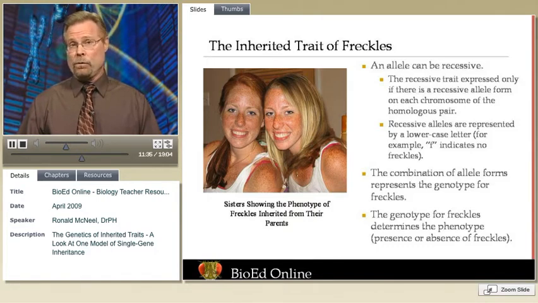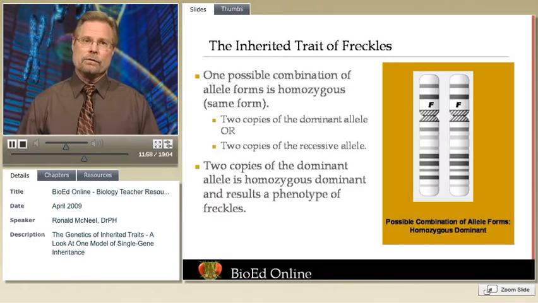In our example, a lowercase f will indicate an allele with no freckles. Don't forget, the combination of allele forms for a particular gene is its genotype. The genotype determines the phenotype or physical appearance. In our example, the presence or absence of freckles.